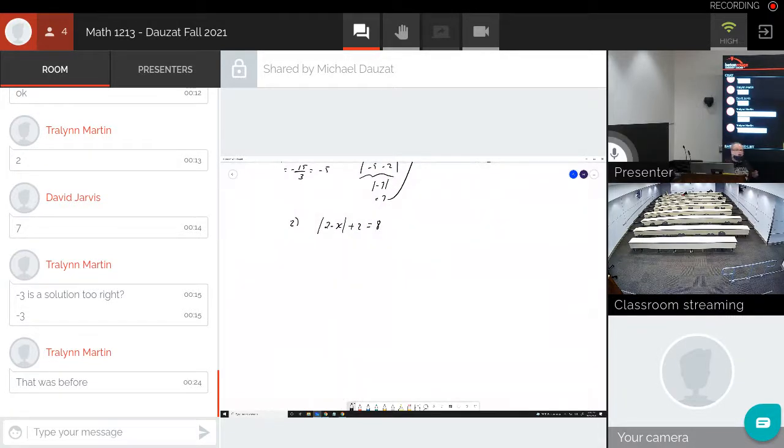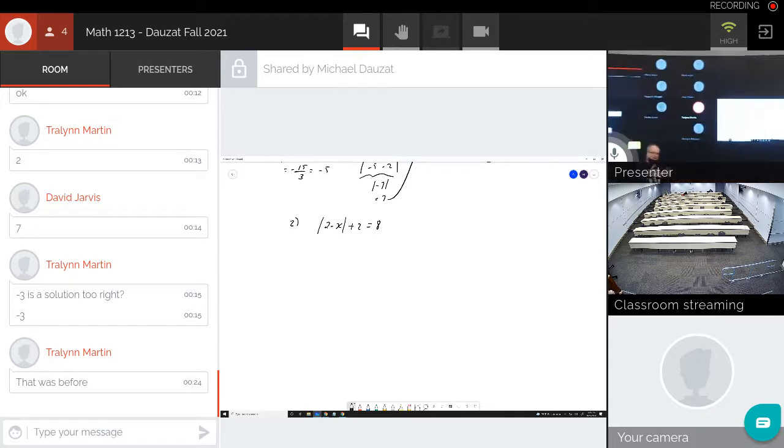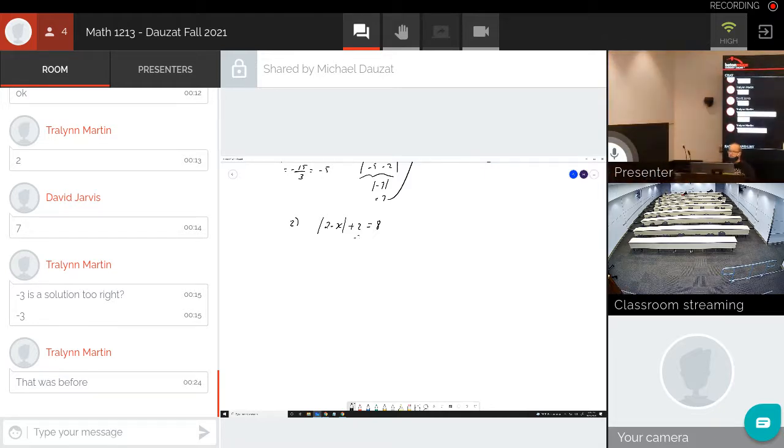All right, so we have this absolute value equation. Think about our discussion. Before I split it apart, what must I do first? Get the absolute value by itself. So what should I do first? Subtract 2 from both sides. Very good. So I'm going to subtract 2 from both sides.